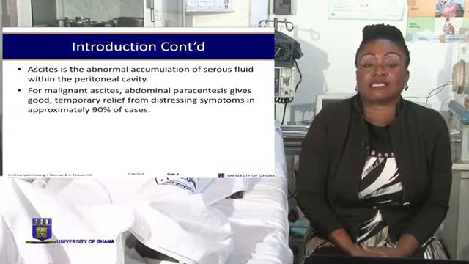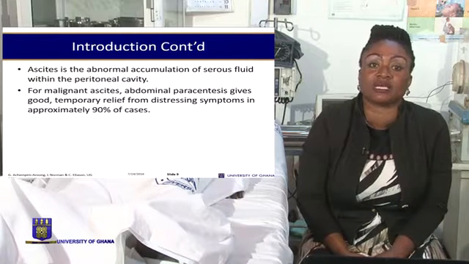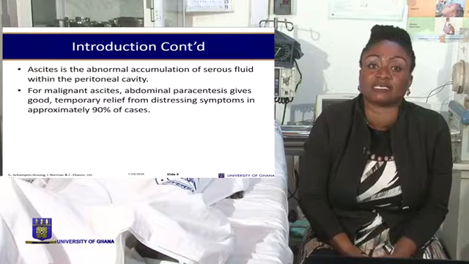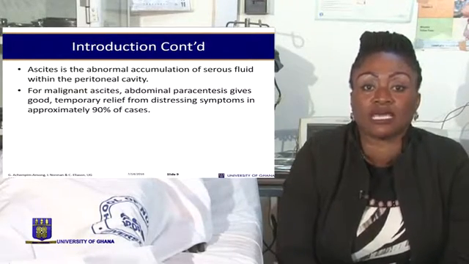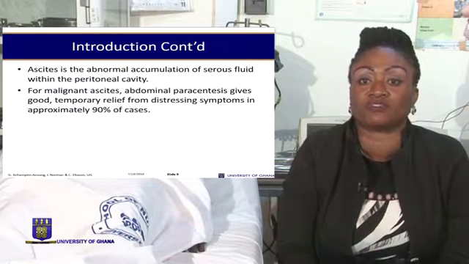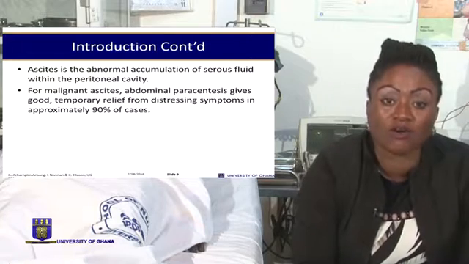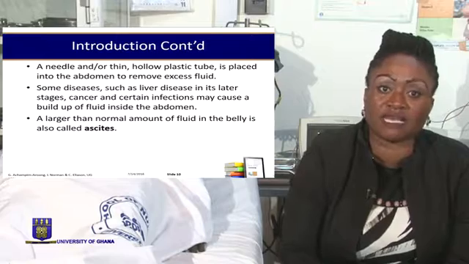Ascites is the abnormal accumulation of serous fluid within the peritoneal cavity. For malignant ascites, abdominal paracentesis gives good and temporary relief from distressing symptoms in approximately 90% of cases, but it does not cure the patient of the cancer.